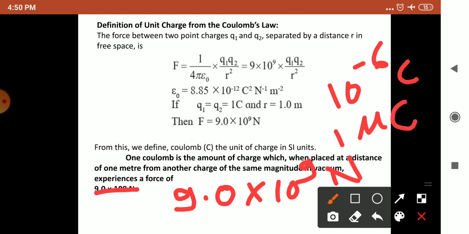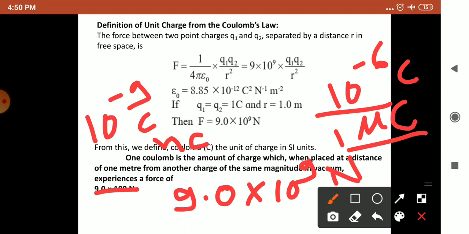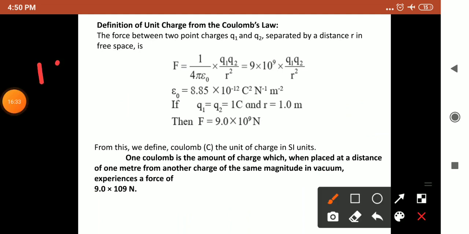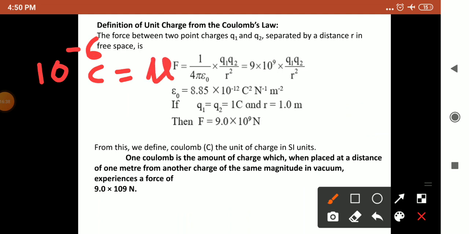Then 10 raised to minus 9 coulomb is nanocoulomb. So you should know these small units. For 10 raised to minus 6 coulomb, it is microcoulomb.